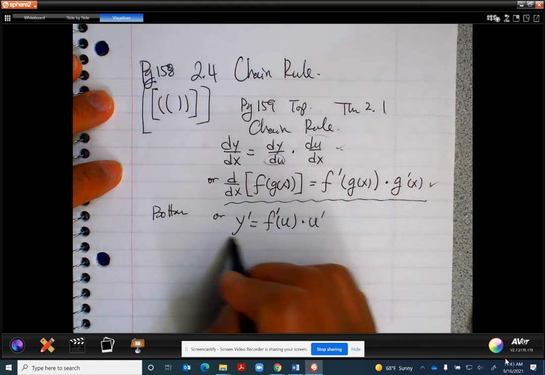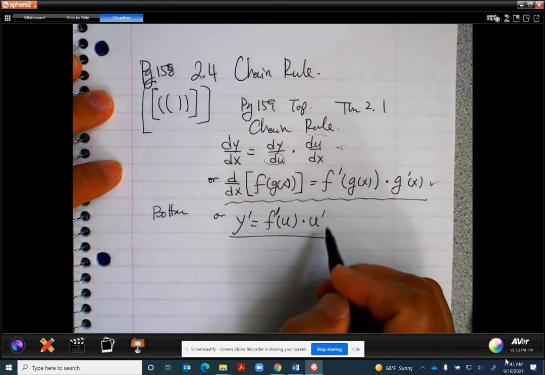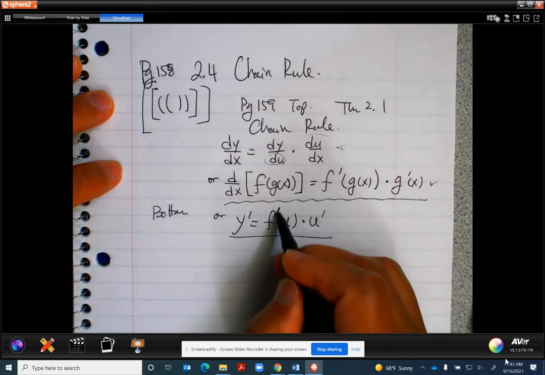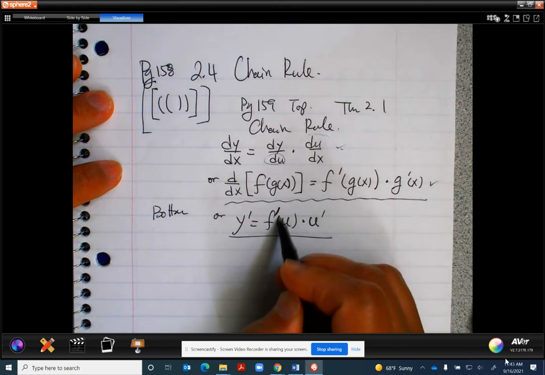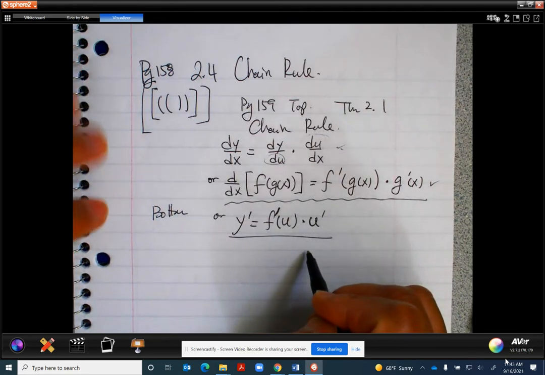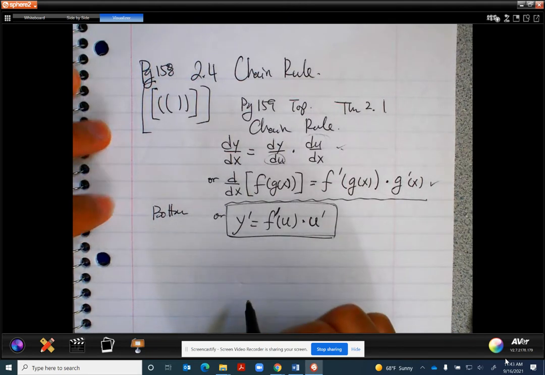I like this because it is quite short. So f prime means outside derivative, and u is inside of the parentheses, so u prime. Right, so I'll be using this most of the time. Okay?